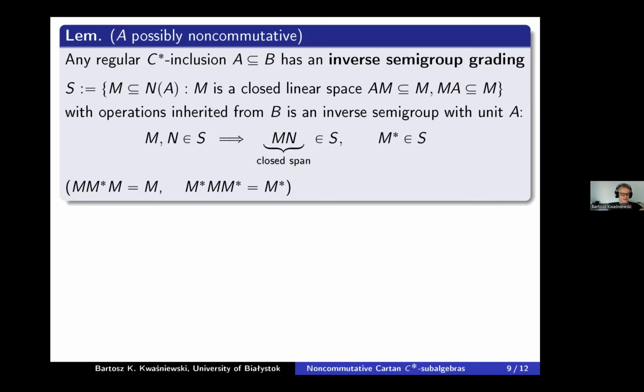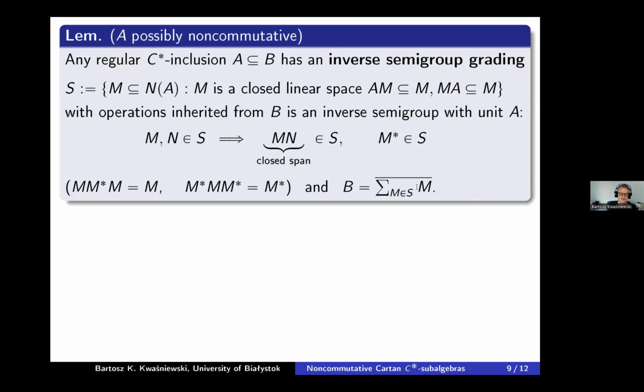So in fact, all these things that I wrote here are true even without this regularity assumption. This holds for any non-degenerate inclusion. The regularity assumption just gives us that the whole B is the closed linear span of these M's. So by an inverse semigroup grading, I mean the kind of thing that is written here.